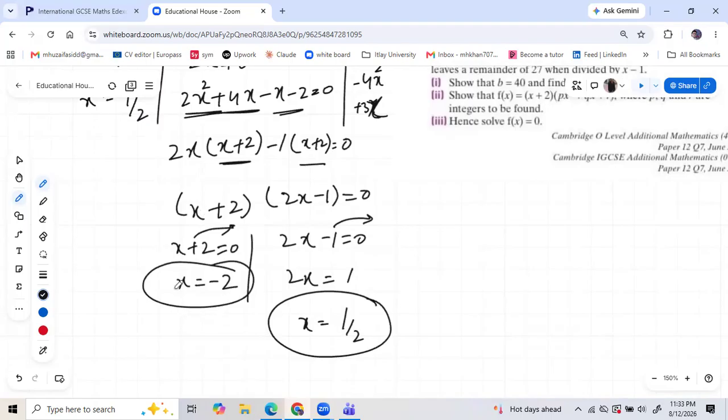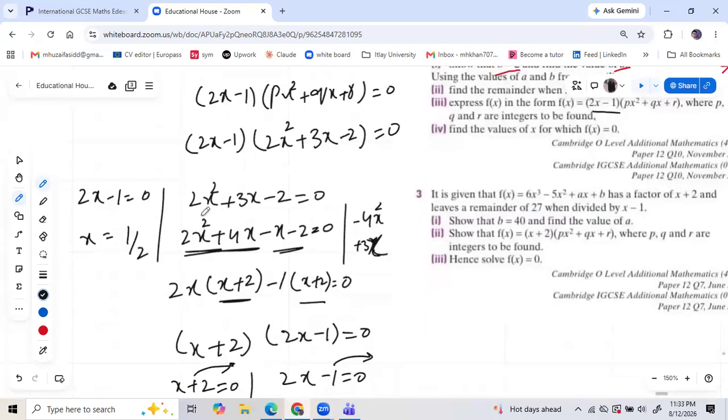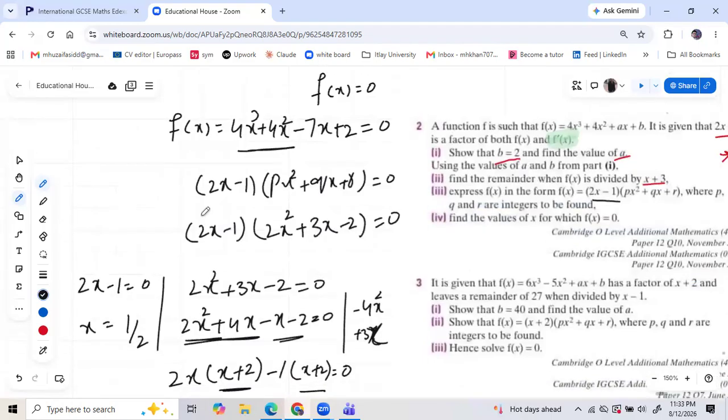Okay. So any confusion? Please take your time and check it. Just give me a second.